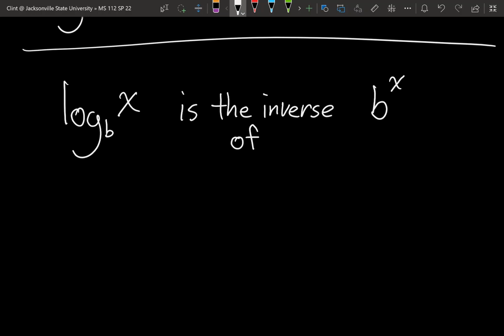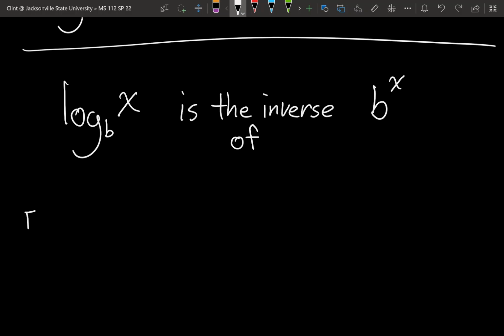It can be a little confusing the way I've written that down. It works in reverse too, right? If one function is the inverse of another, you can use it backward as well. So you could say b to the x is the inverse of log base b of x.